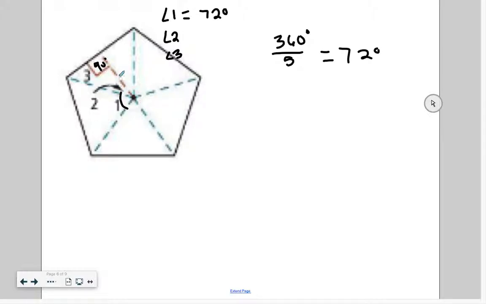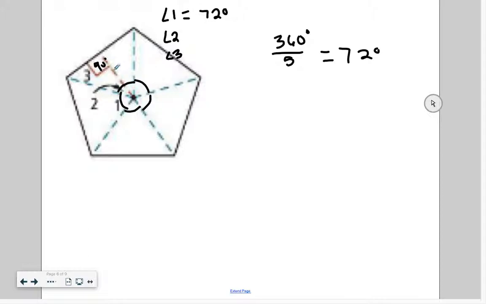Now remember in the last slide I said that an apothem, which is this red dotted line here, is also an angle bisector. That means it's cutting this angle into 2 congruent parts. So if angle 1 is 72 degrees, that also means that this is 72 degrees, this is 72 degrees, and this whole one here is 72 degrees.